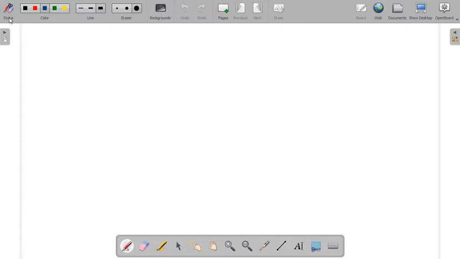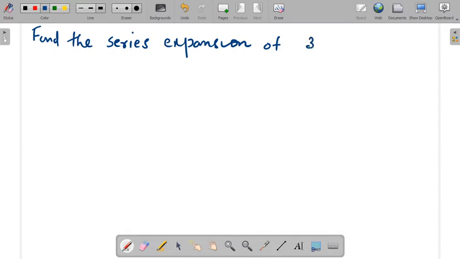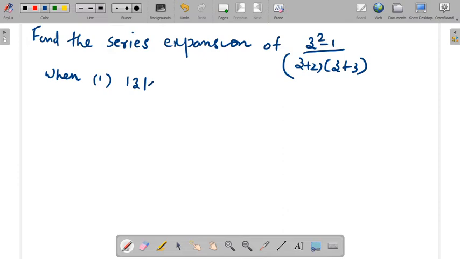Find the Laurent series expansion of z square minus 1 divided by z plus 2 into z plus 3 when, first, 1 less than mod z less than 2, second, 2 less than mod z less than 3, third, region mod z greater than 3.